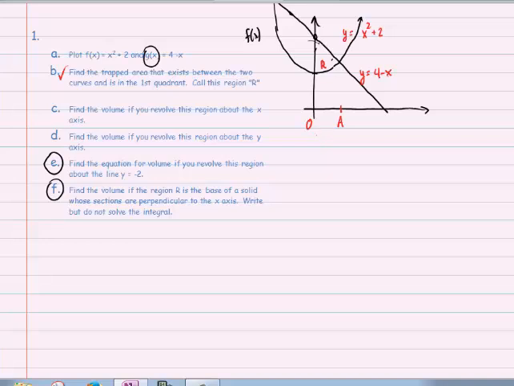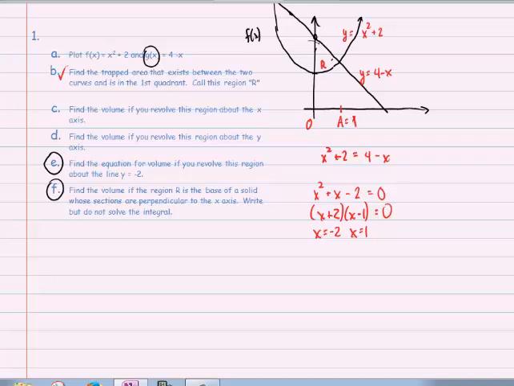So when we set them equal to each other, we get x squared plus 2 is equal to 4 minus x, and when we bring everything over to one side and factor, we have two intersections: x equals -2 and x equals 1.